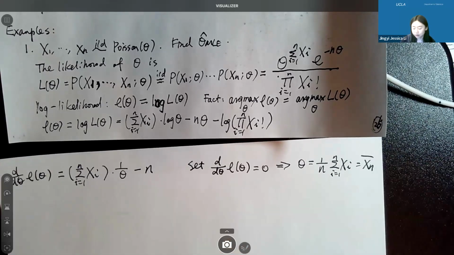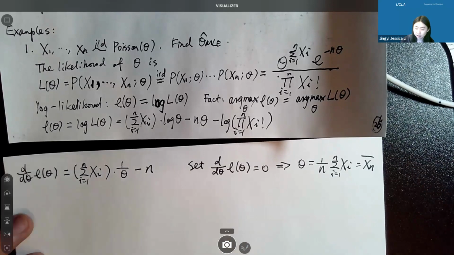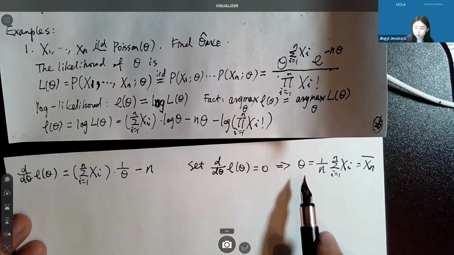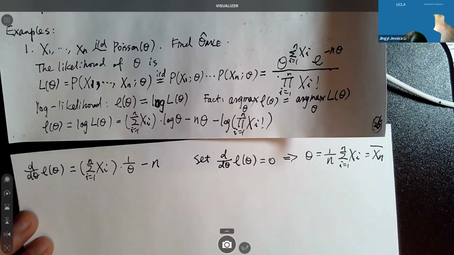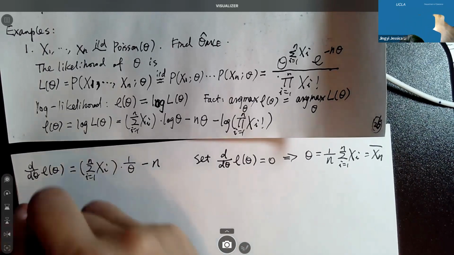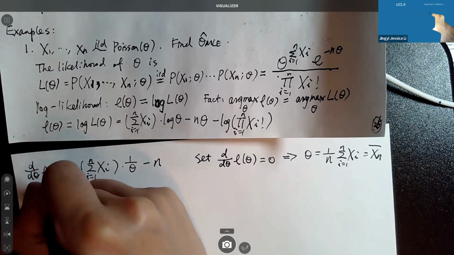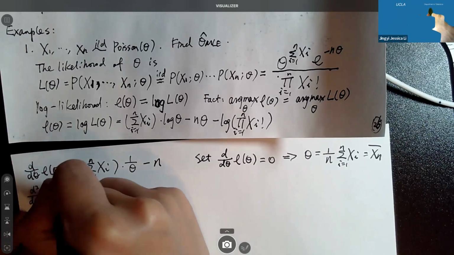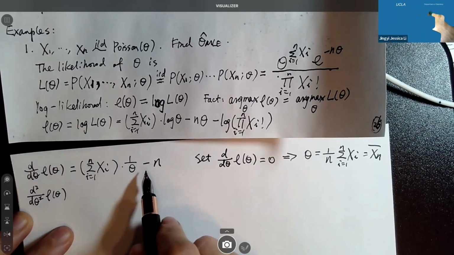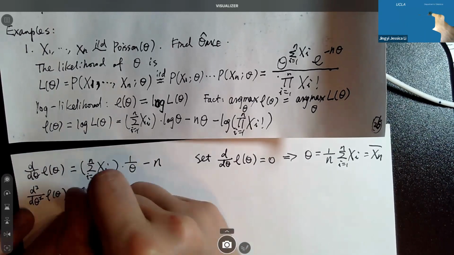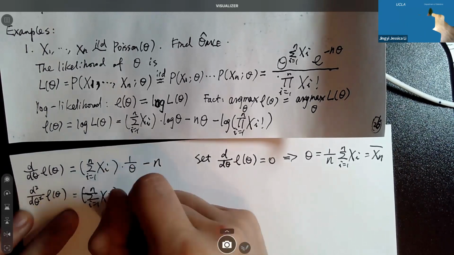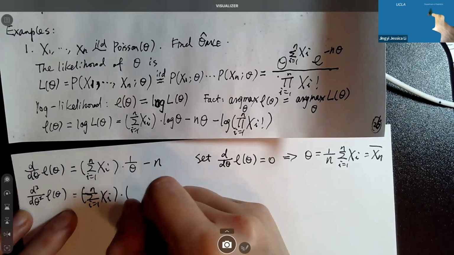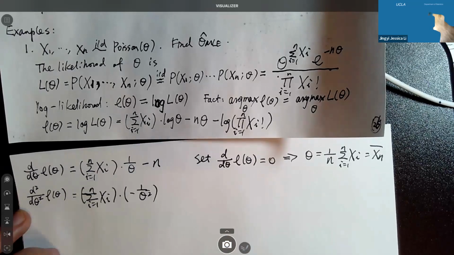Then what's left for us to verify is whether this theta value leads to a negative second derivative, which is what we need for maximizing. So let's do the second derivative, d squared over d theta squared. The first term stays, and the second term becomes negative 1 over theta squared, and minus n is gone.